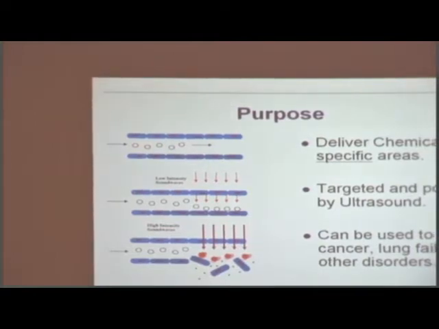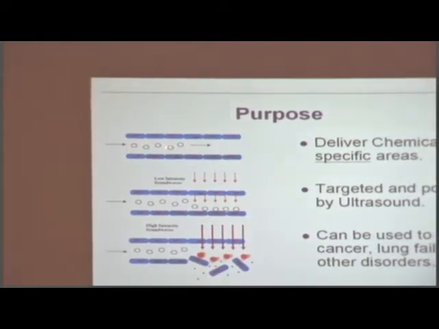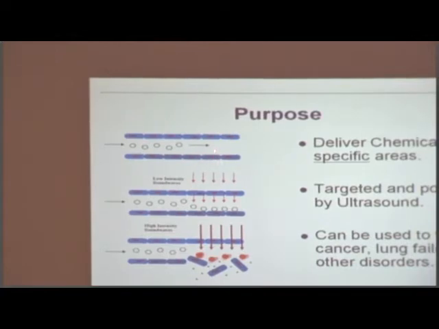By using these bubbles, we can deliver the drugs only to one area. So if the cancer is, let's say, in your stomach or somewhere near there, we don't want to damage the healthy tissue, which is going to harm you. So we can concentrate the drug delivery only to that area.